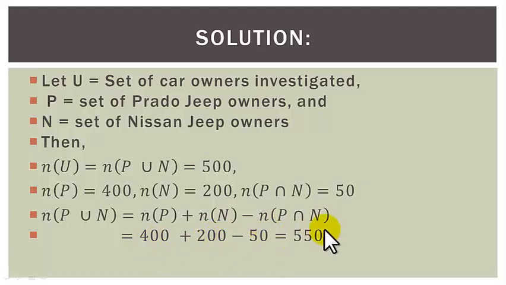Then minus 50 will give us 550. And this is a contradiction, since we were given that the number of elements in P union N is 500, and we are now showing that it is equal to 550. So the data given is incorrect.